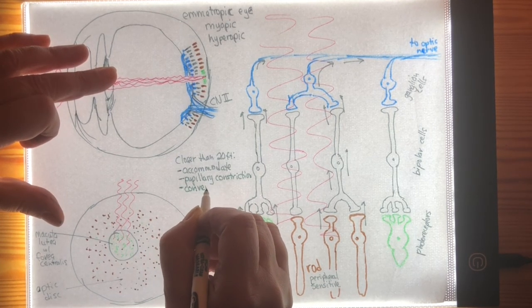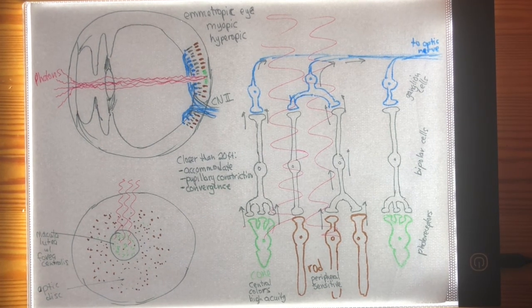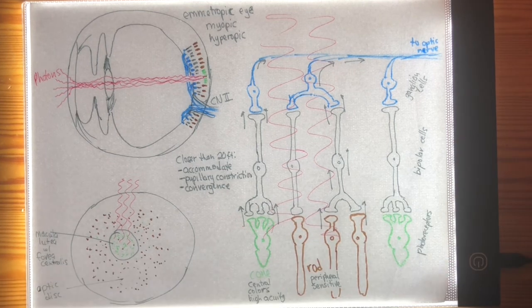Lastly, if something is quite close to the face, oftentimes we have to converge our eyeballs, which means that we're bringing them closer toward the center and kind of crossing them toward our nose in order to be able to see something that is quite close to our face. So accommodation, constriction, and convergence are all aspects of when we're trying to see something closer than 20 feet. It's actually harder on our eyes, believe it or not, to see something that is closer up than it is to see something that is farther away, because our eyes do have to make these kind of adjustments when something is closer up.